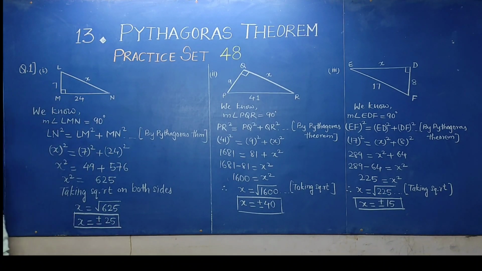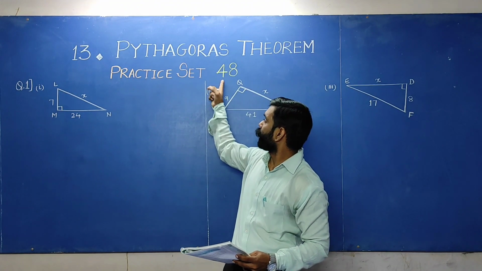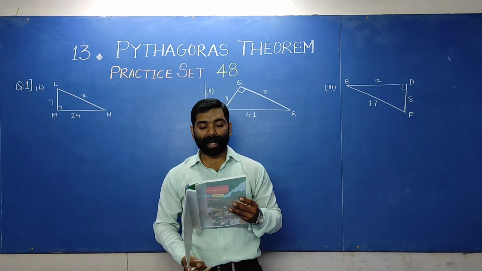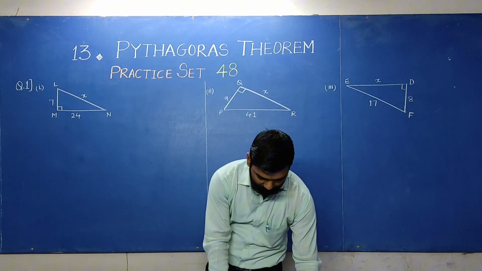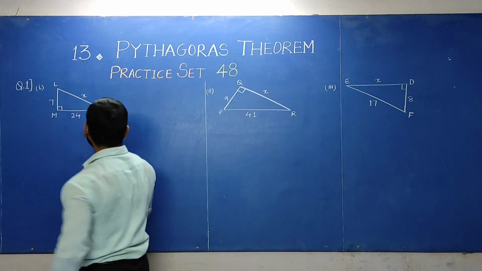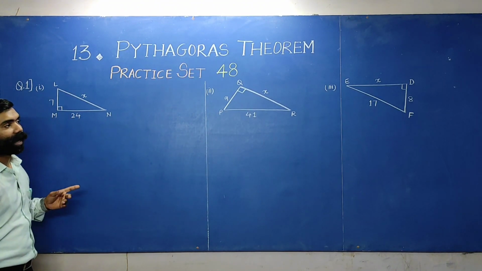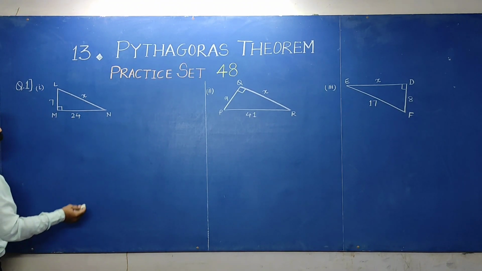Okay students, let's start practice set 48. First question. In the figures below, find the value of x. Here we have been given figures. I have drawn figures, figure 1, figure 2 and figure 3. We need to find the value of x. So how to find that value? Let's see.